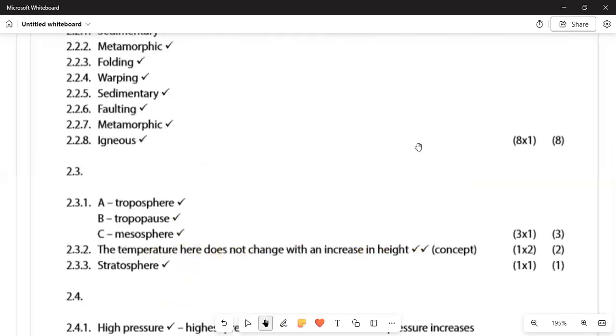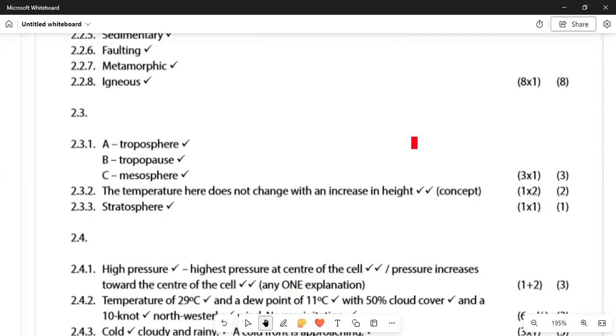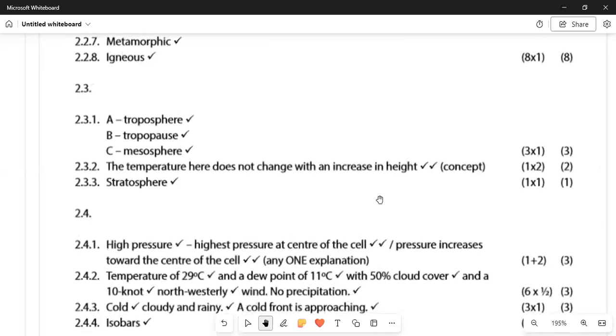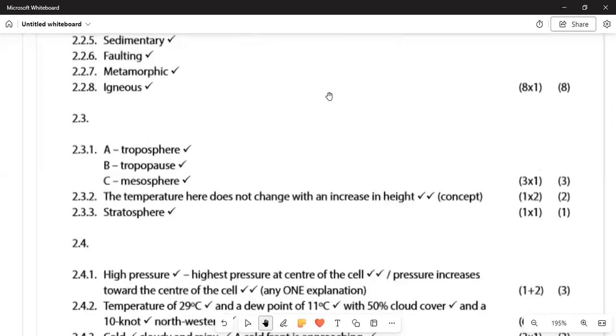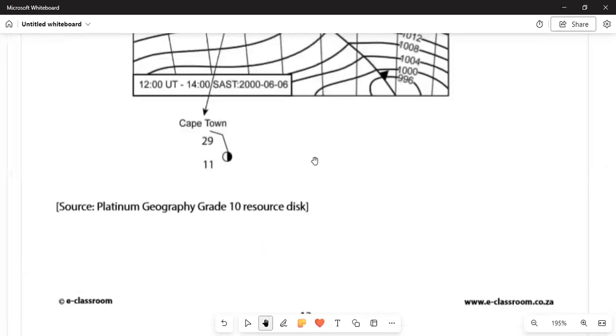The temperature in degrees, a dew point of 11 degrees, the cloud cover 50%, the wind direction is northwesterly, and there is no precipitation, there is no rain, it is clear.